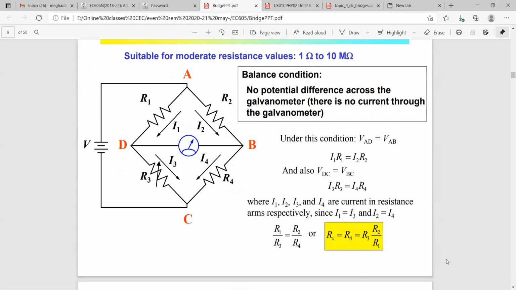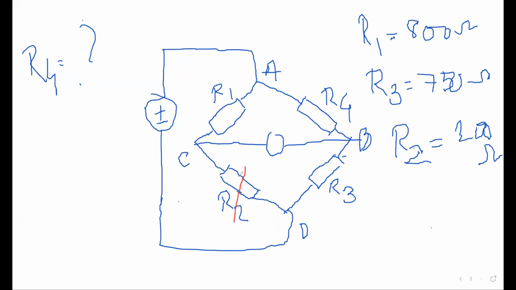See, through this problem, one thing I want to tell you is that the resistance positions are different. Notice that. And this R2 here is a variable resistance. Wherever you see an arrow in a resistance, it means the resistance is variable.